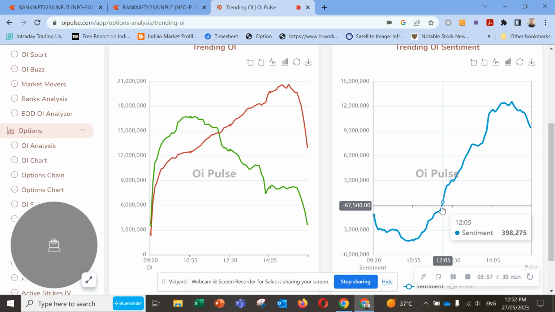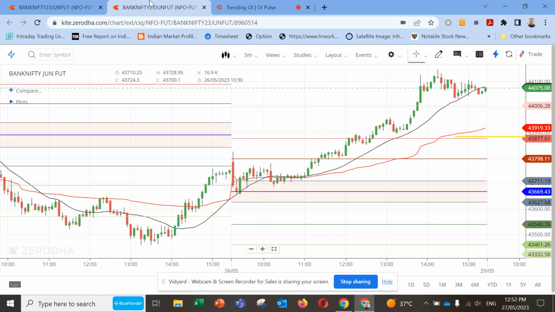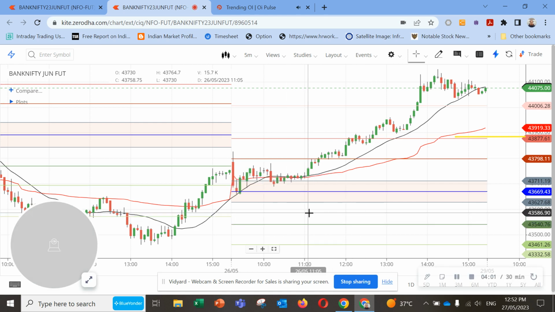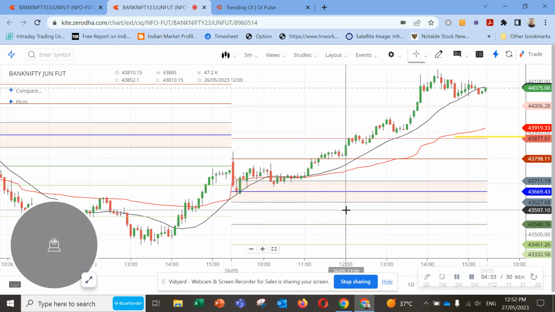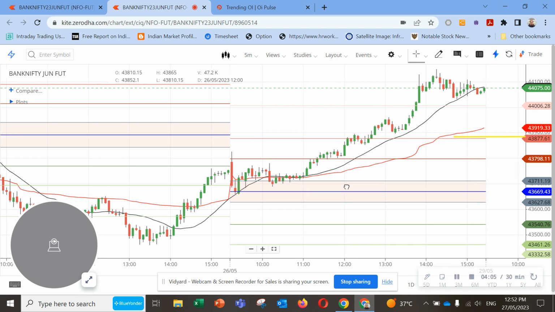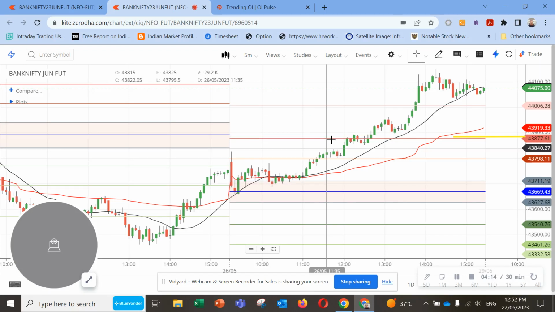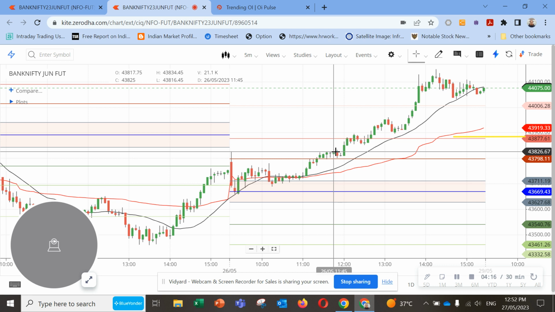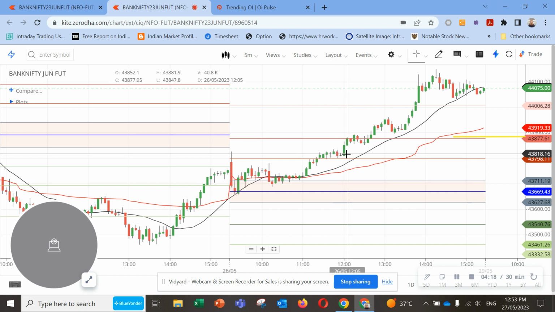Now let us see in the chart what happened at 12:05. This is 11:05, this is 12:05, right? As I said, I had two resistances: one is the previous day high, and the other is my 15 minutes high. Both have been broken, and I have a bullish candle at 12:05.